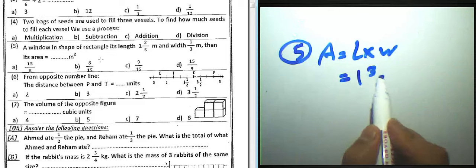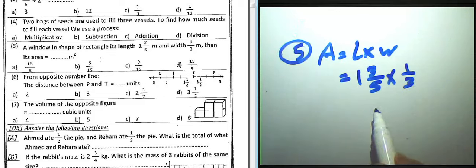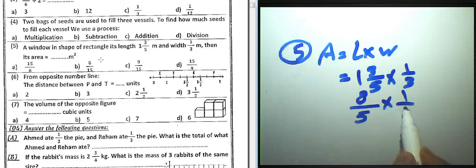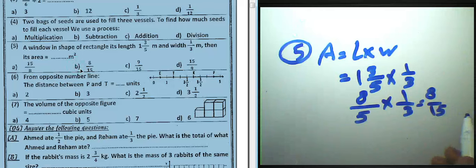Length here is 1 and 3 over 5, multiplied by width 1 over 3. Write 5 in the numerator: 1 times 5 equals 5, 5 plus 3 equals 8, multiplied by 1 over 3. The result will be 1 times 8 equals 8, and 3 times 5 equals 15. 8 over 15. Choose letter B. And the units here are square meters.